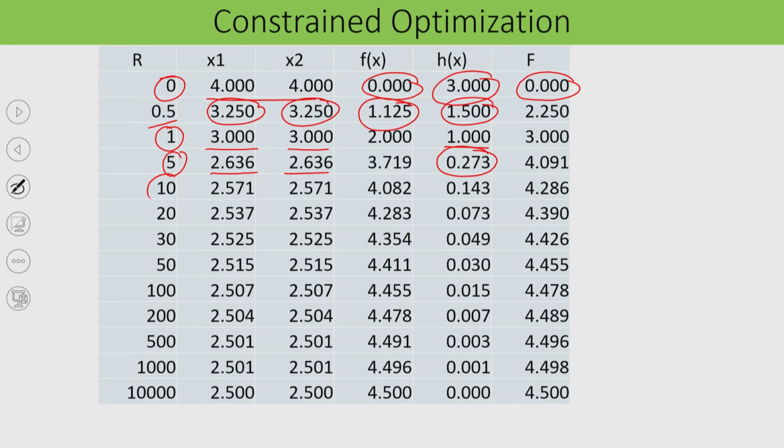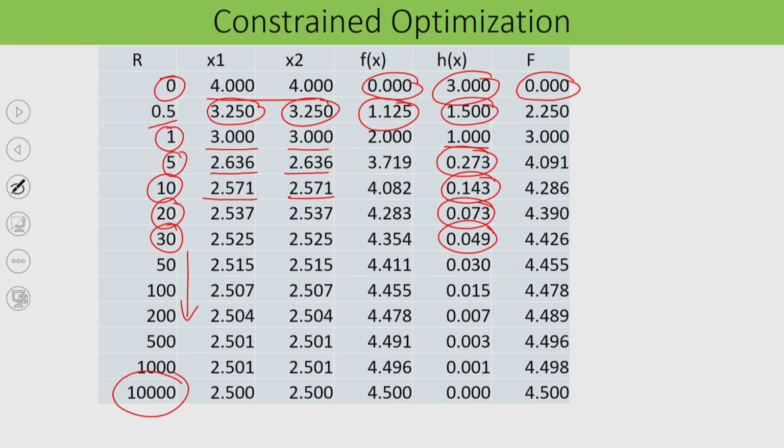Similarly, for r equal to 10, you get the solution 2.571, and the violation is 0.143. For 20, the violation is 0.073. Then for 30, it is 0.049.